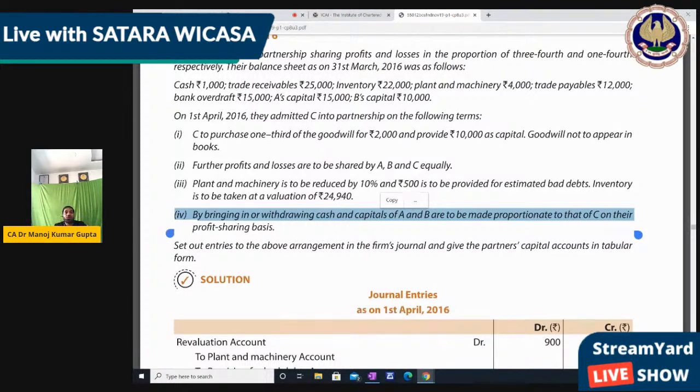But only if we want to prepare the closing balance sheet, meaning the after-admission balance sheet. But they have not asked for the after-admission balance sheet, so we will not prepare the opening balance sheet also. Because in the exam we don't have time for doing extra things. Mainly, whatever they have asked, we have to complete that, right? So mainly they asked for the capital account, so start the capital account.